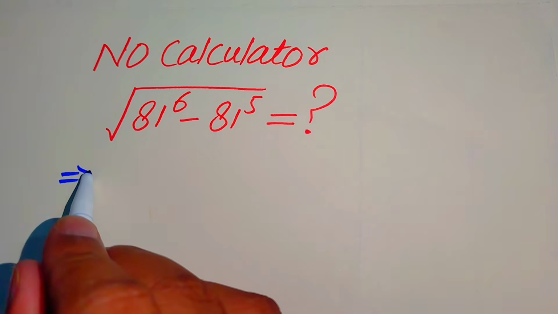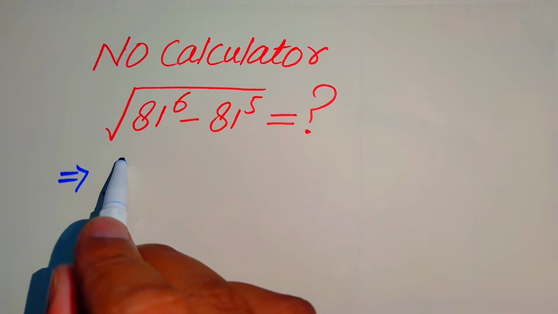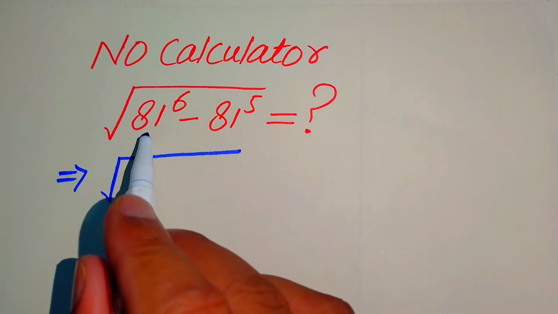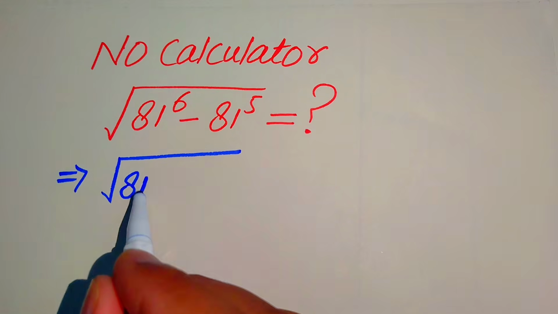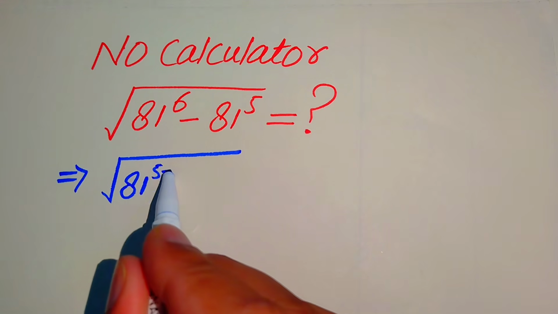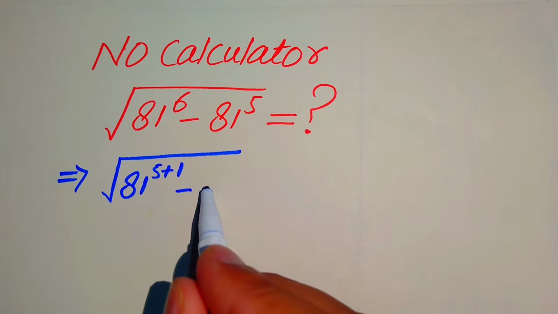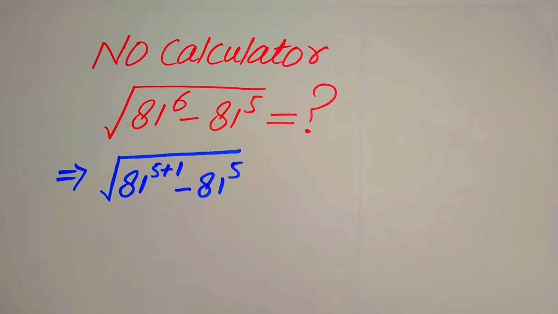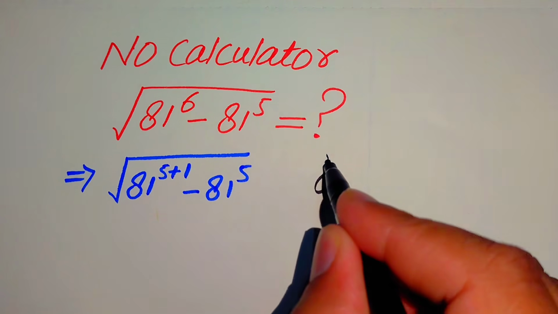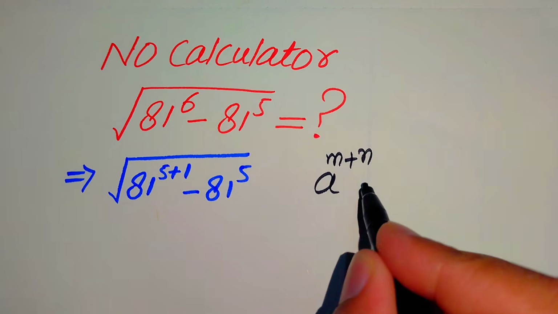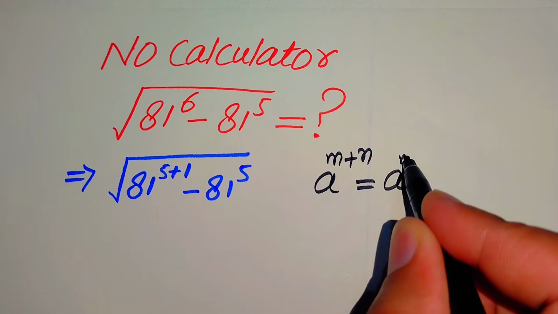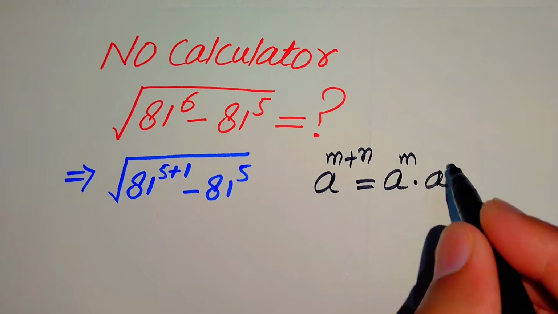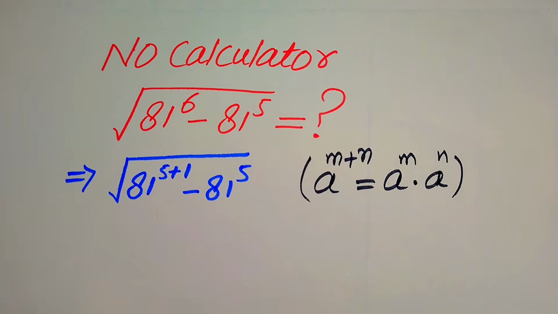The very first thing we are going to do is rewrite this expression as 81 to the power of 6, and we write this 6 as 5 plus 1, minus 81 to the power of 5. Further we use the exponential law: a to the power of m plus n equals a to the power of m multiplied by a to the power of n.